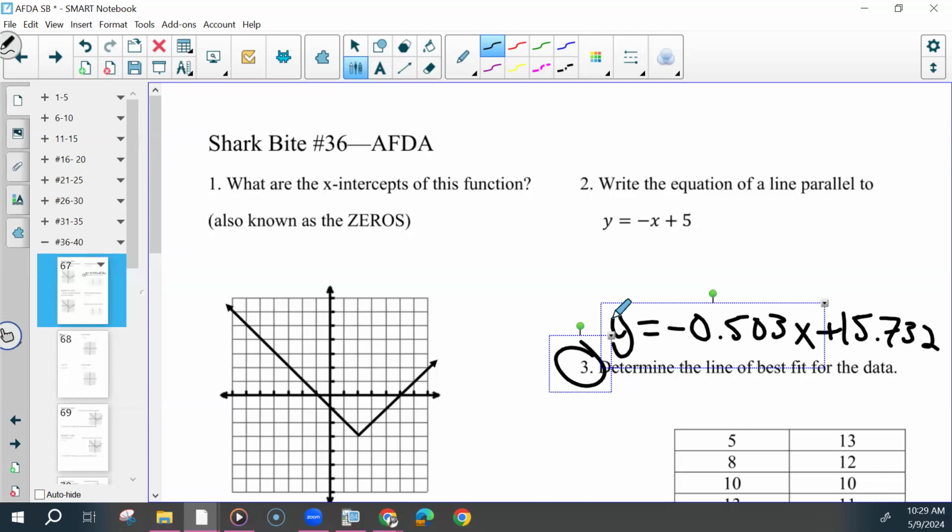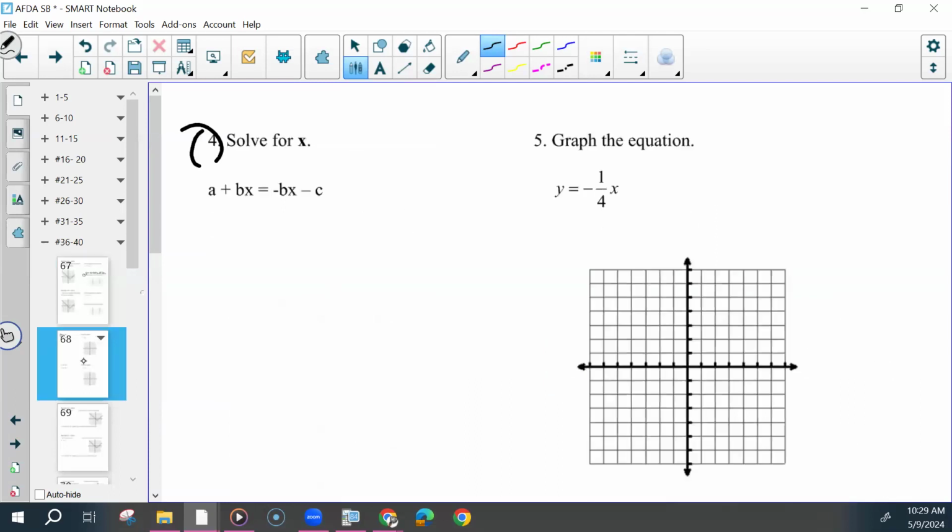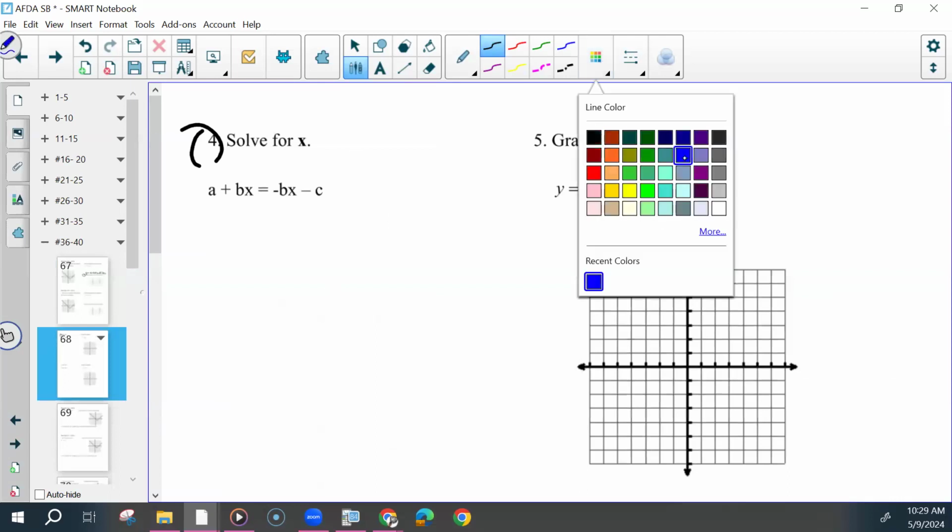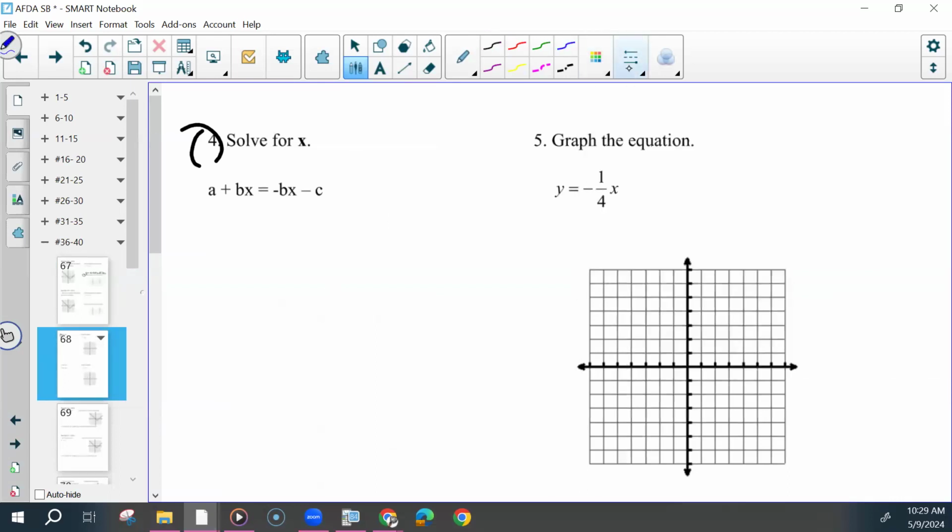And then number 4, we are solving for x. So to solve this one for x, we need to move one of the terms with x to the other side. It doesn't matter which one. Let's say I move the negative bx over by adding. So we have a plus 2bx equals negative c.